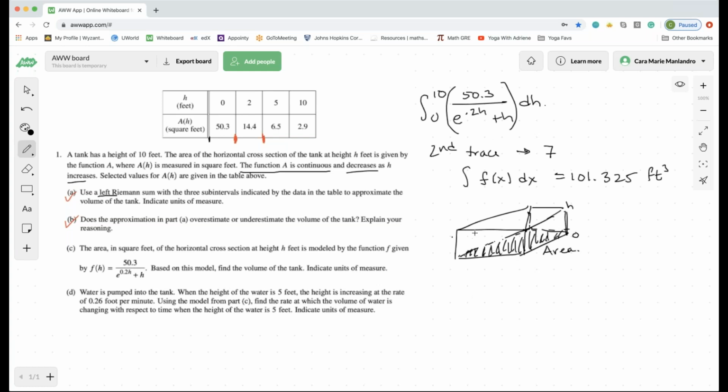So you're taking the area of a bunch of slices, adding them up over the height to get the volume. Okay. Any other questions?